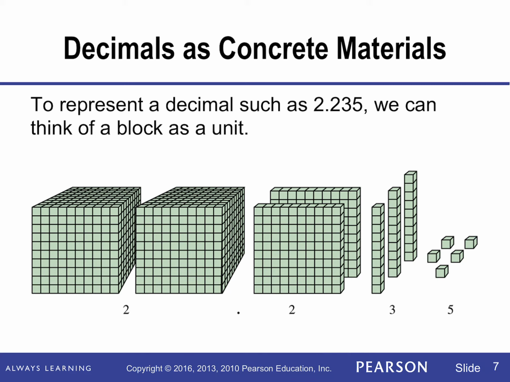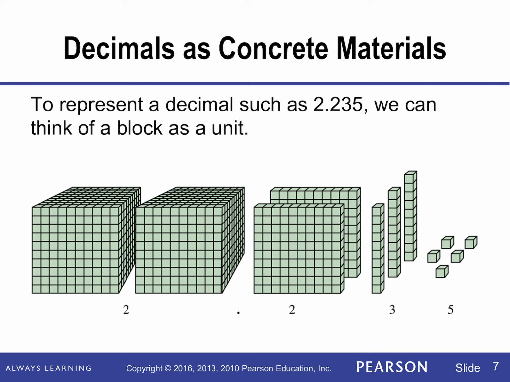If I wanted to represent a decimal with more digits, so say 2.235, I can now think of the block as my whole. So the block is my unit. And so I'm going to have 2 units here, so 2 blocks, and then 2/10ths.